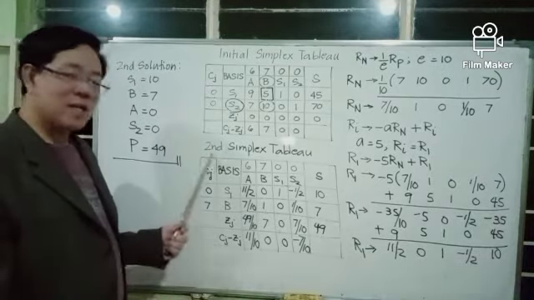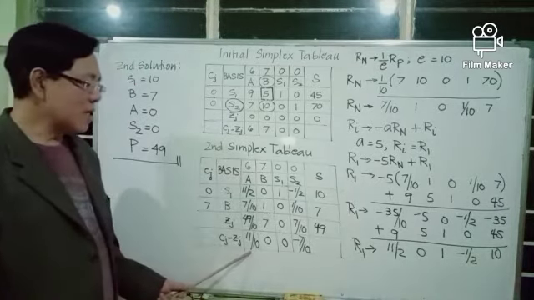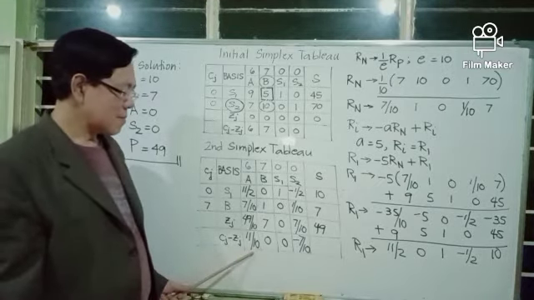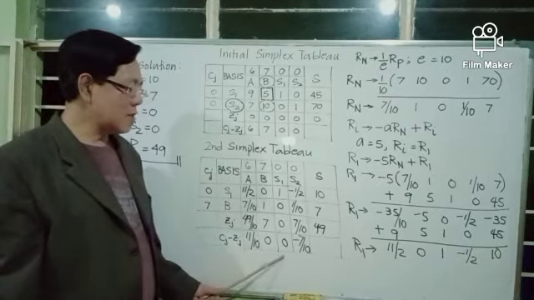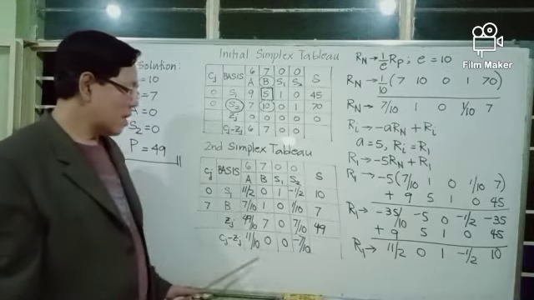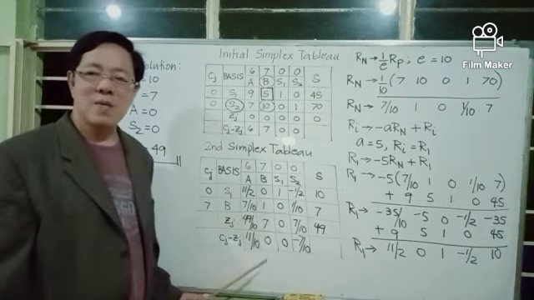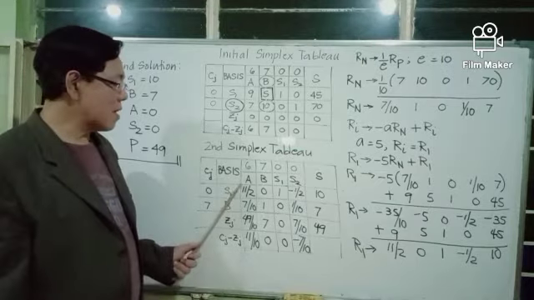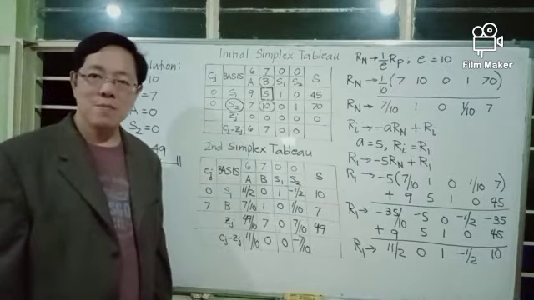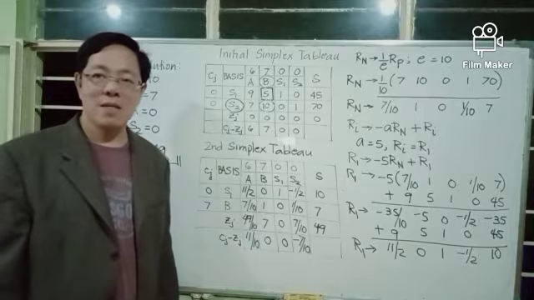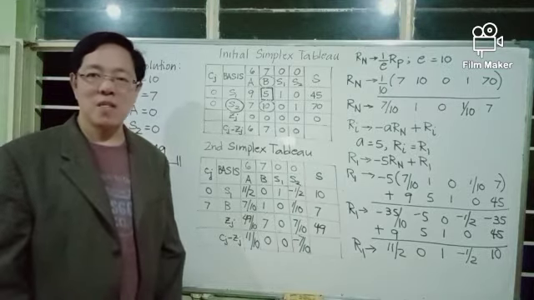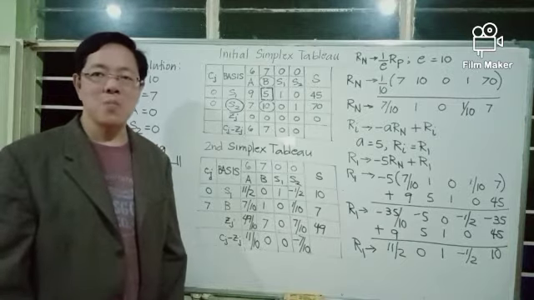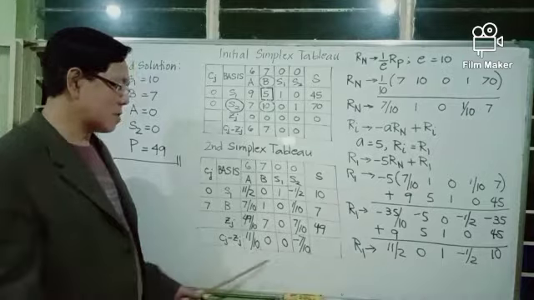And there will be a next simplex tableau. In our second simplex tableau, there is one positive entry. The other entries are 0 and 0 and negative 7 over 10. But we only consider the positive entries in the last row. Since in selecting the entering variable, we only consider the positive entries, and if there are two or more positive entries, you take the highest or the most positive entry in the last row.